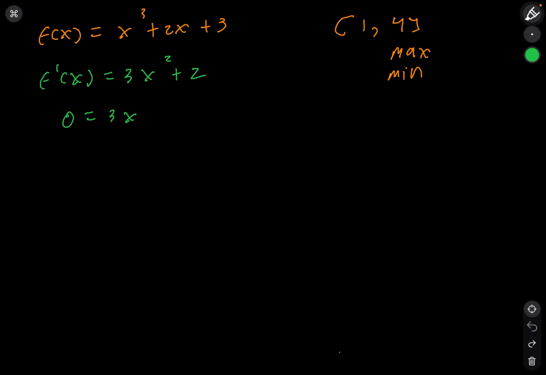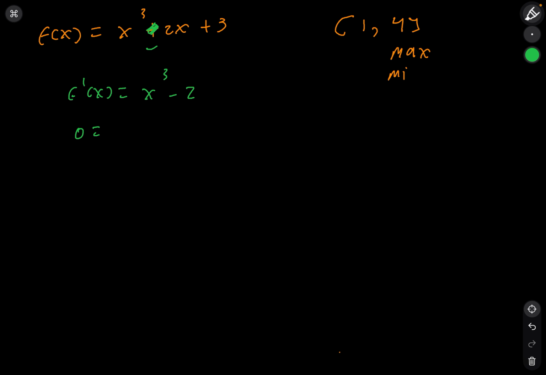Never mind. Just make it negative. Minus x squared. So now we have f prime of x is equal to x to the third minus 2 for the derivative. From here, we set it equal to 0. Let's just make this x squared.